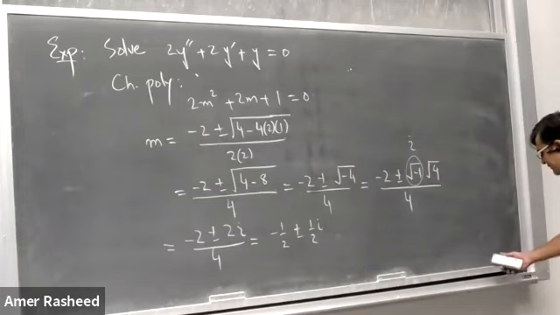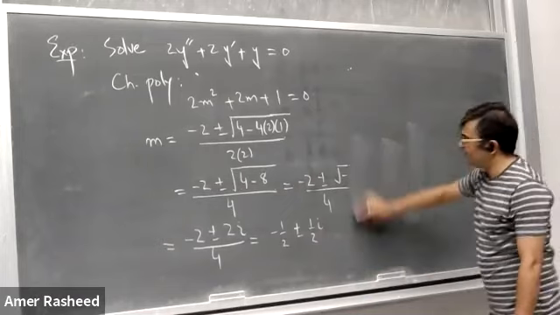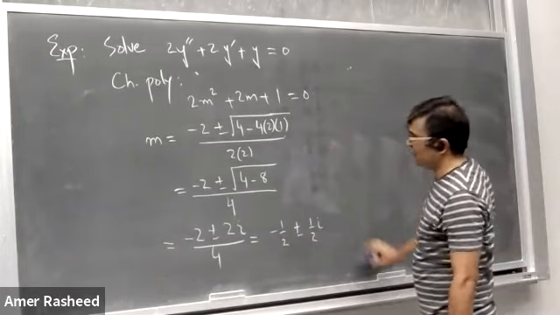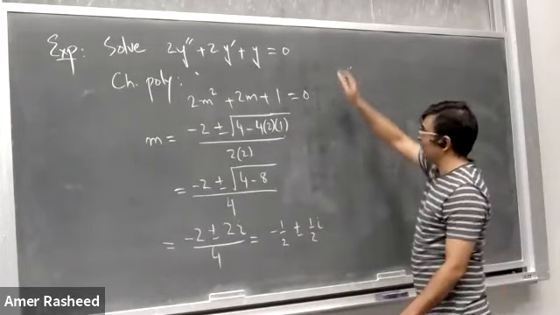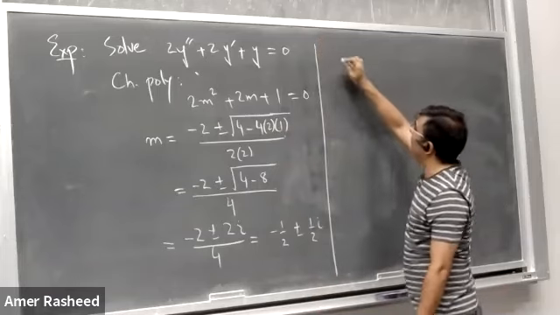So if we have these two complex conjugate roots, we can write the general solution in that way, which we have discussed earlier.